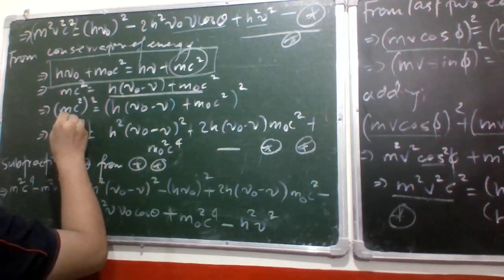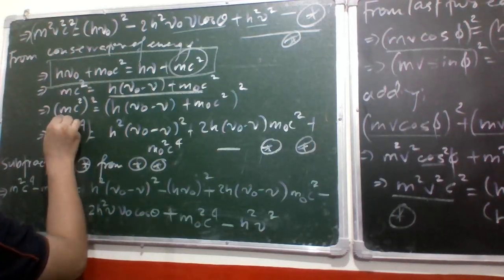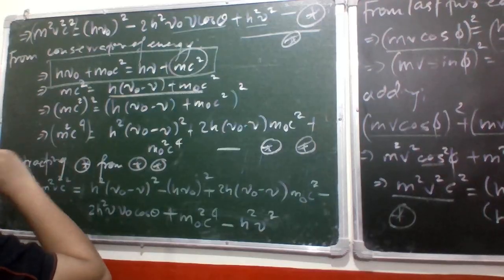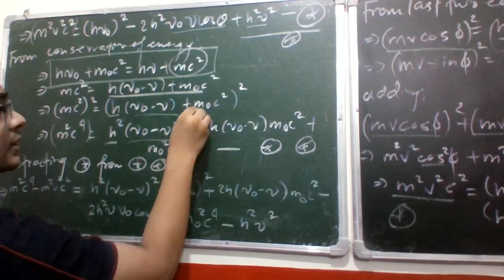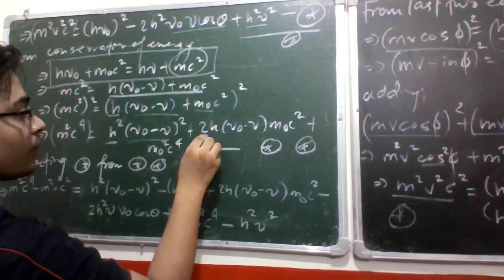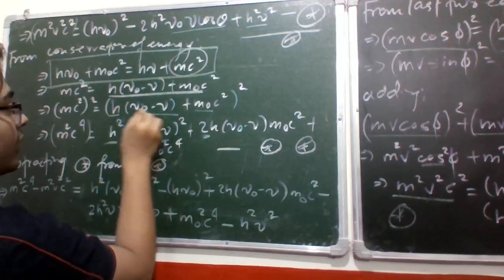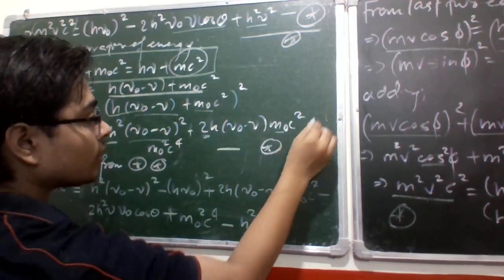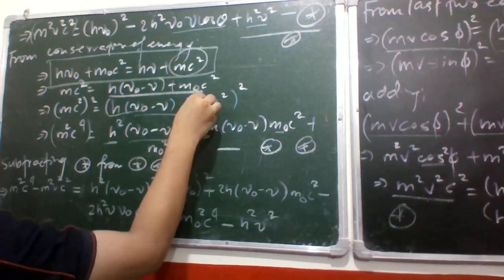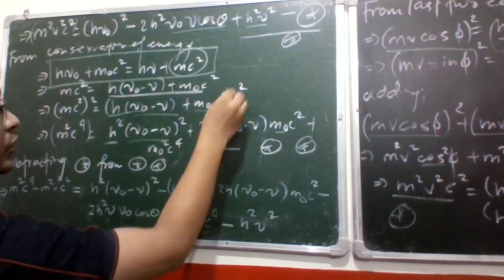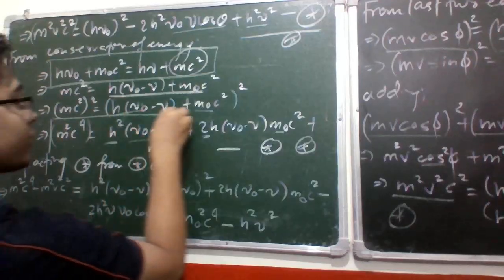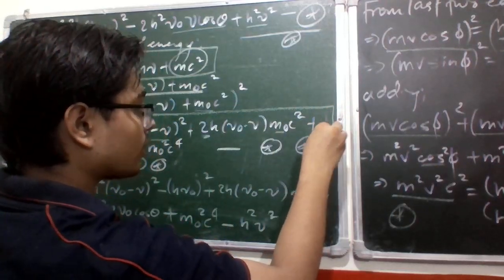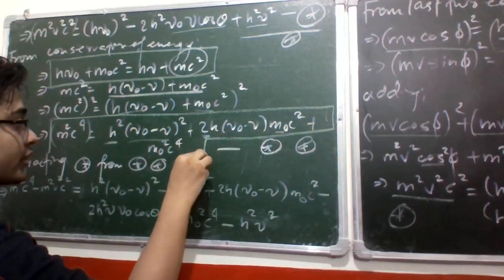When I square these terms, it becomes m squared c to the power 4 equals h squared, this whole squared, plus 2ab plus b squared becomes m naught squared c to the power 4. So this is the equation that follows through the equation of conservation of energy.